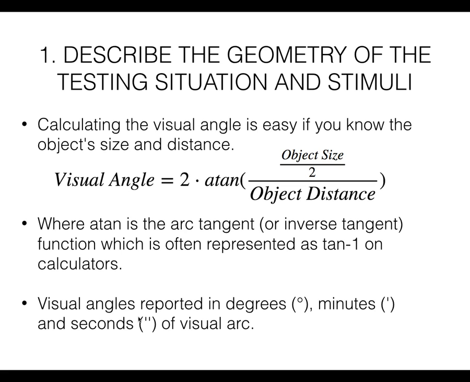So incredibly small. Most eye trackers will only record degrees. Some of them will record down to arc minutes, most of them will not. And very few will record down to the arc second level of accuracy.